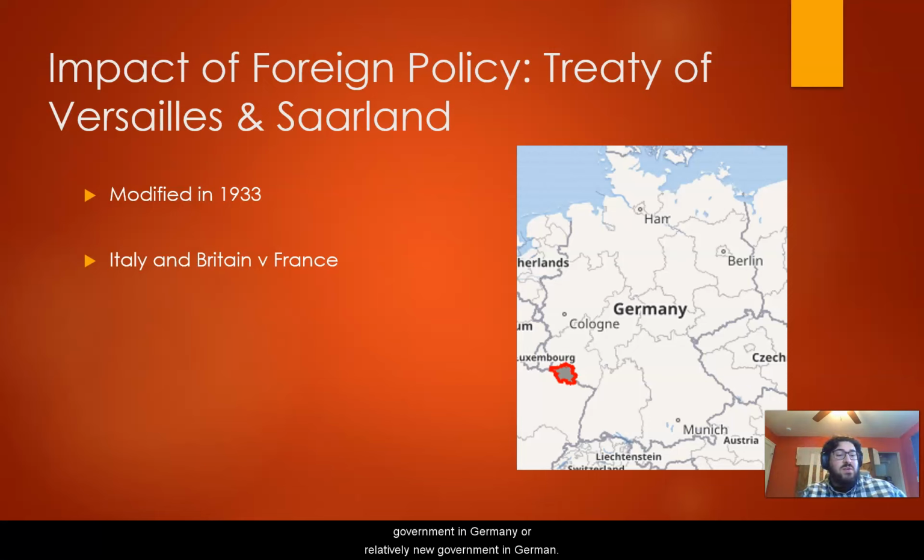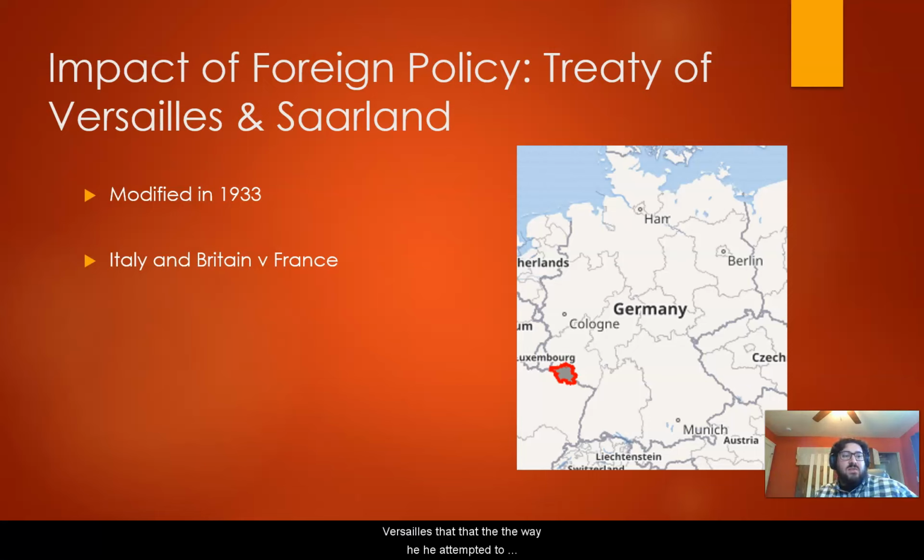And now that there's a new government in Germany, or a relatively new government in Germany, Britain wants to really figure out, all right, let's talk this through. Whereas France, who was the person who suffered the most damages from the war, said, no, we're not going to do anything on the revising of the Treaty of Versailles. And so, because they could not get a consensus, there were no modifications made to the Treaty of Versailles.